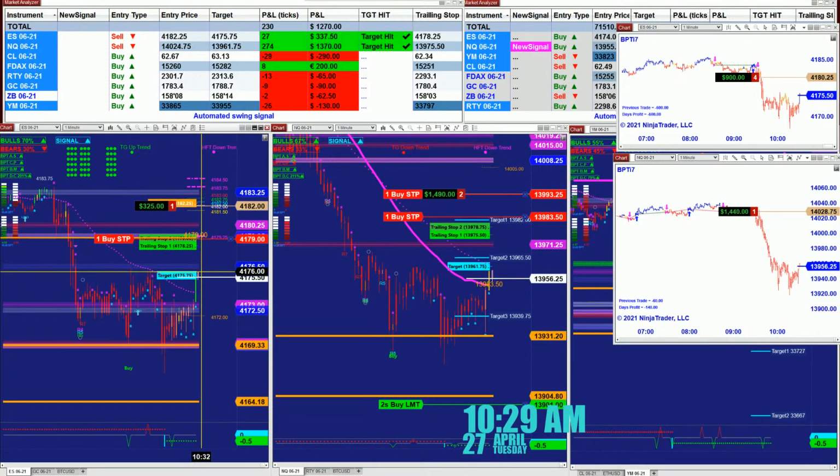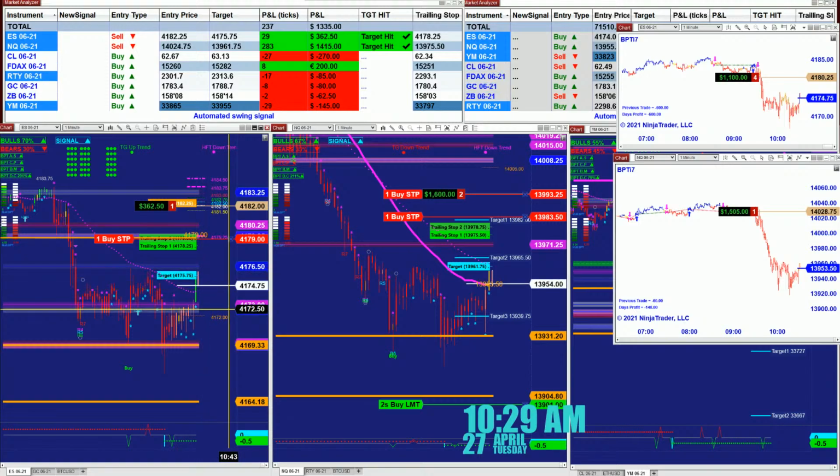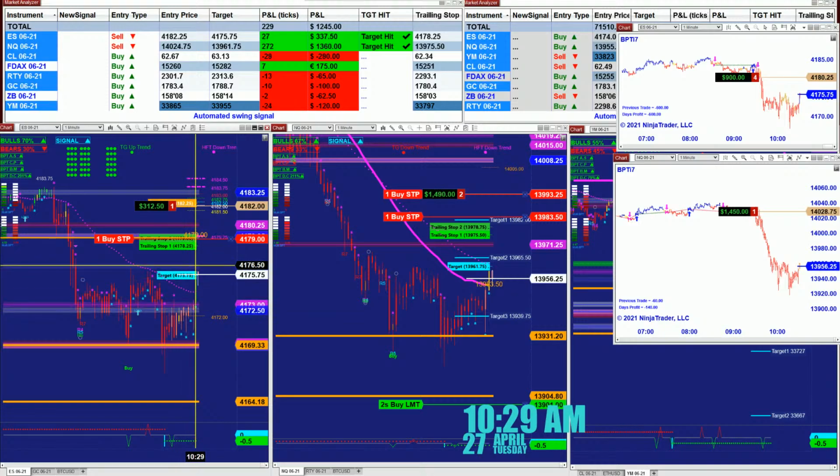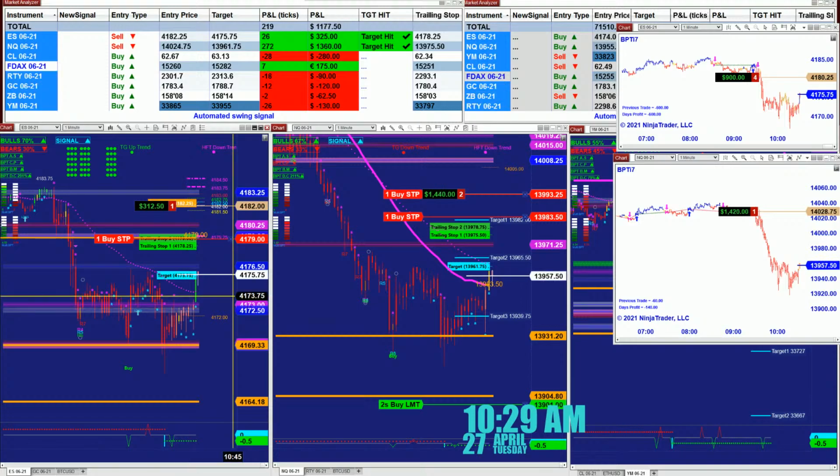Now we are tangling with the 41.76, and this is the second level. So look at this, it came in right on the spot, 41.76, and it's just trying to see if it can climb to the 41.79 or break down the 41.72.75.